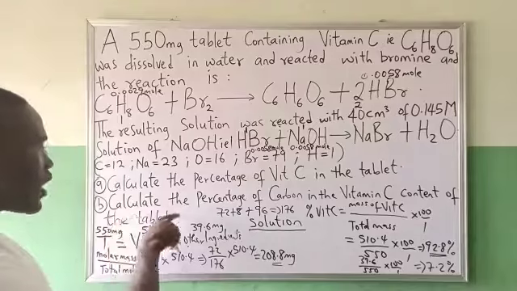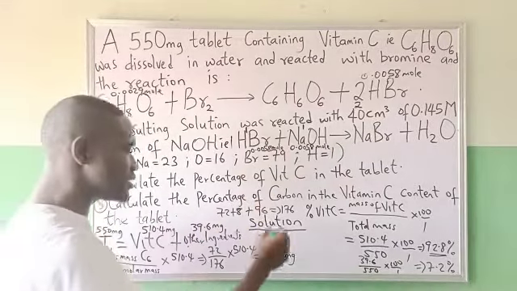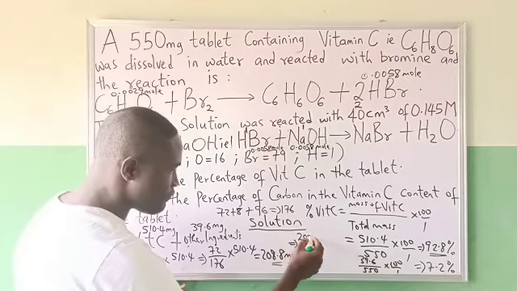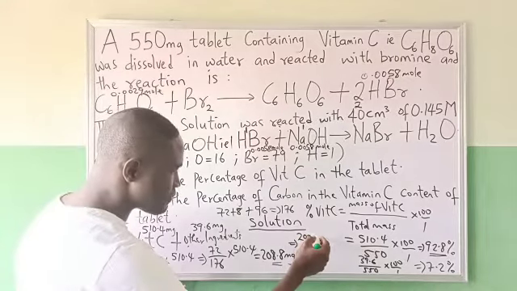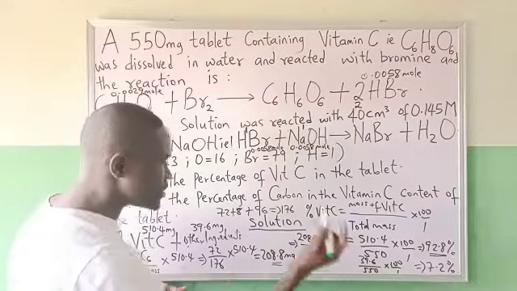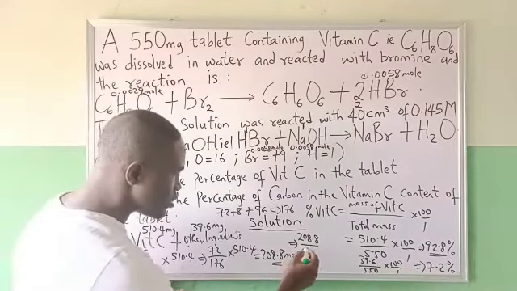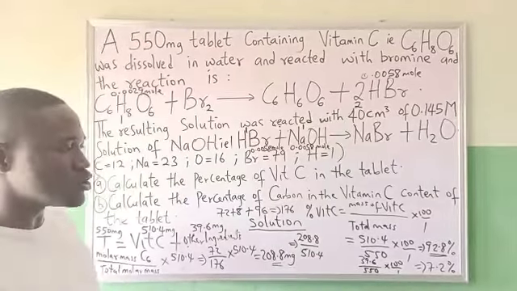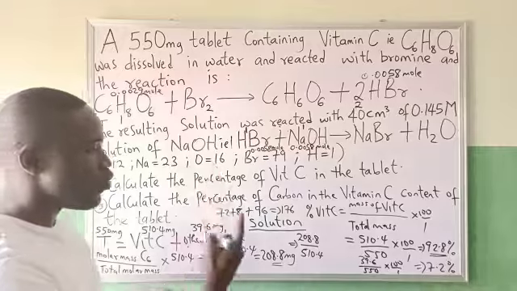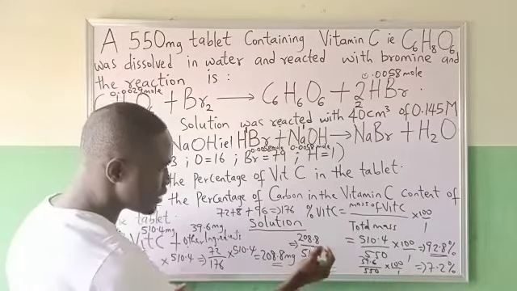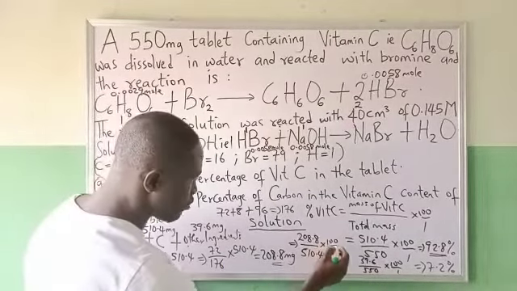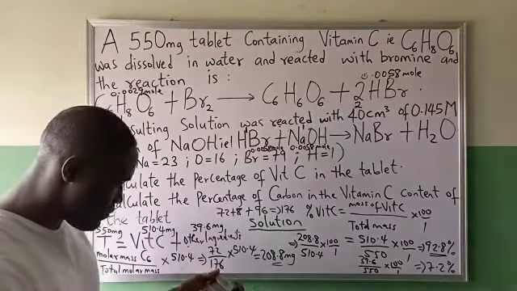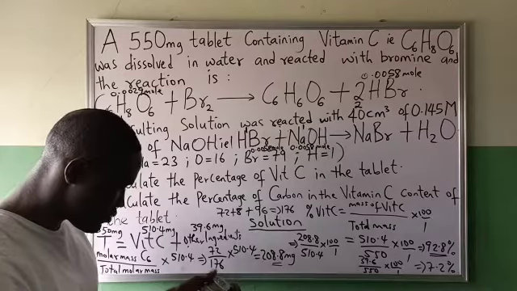Then to calculate the percentage of carbon in the vitamin C, you say what is the quantity of carbon in the vitamin C all over what is the total vitamin C. Not the total tablet, but the total vitamin C. This times 100/1, so divided by 510.4.